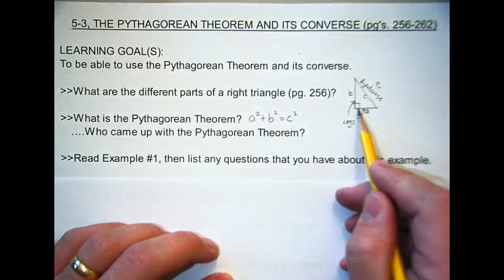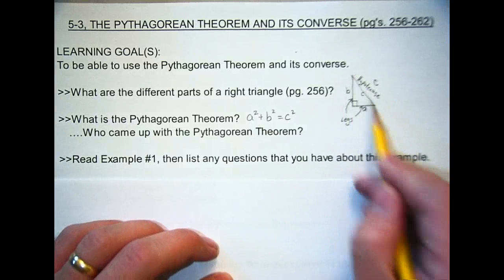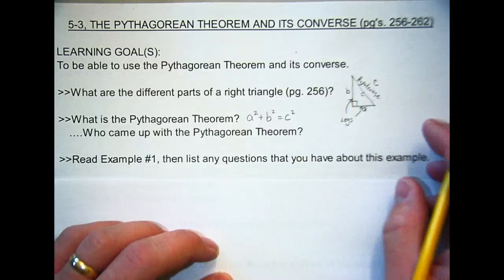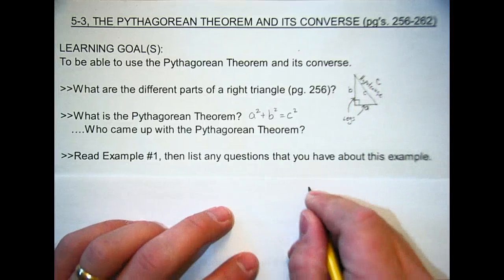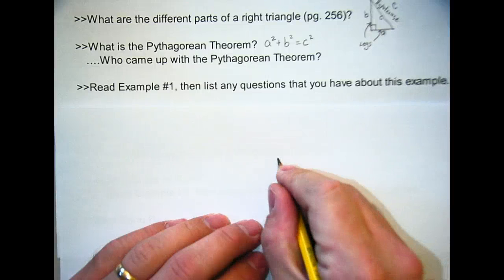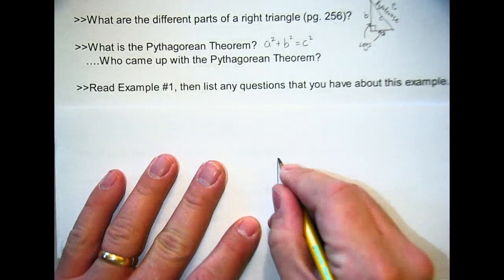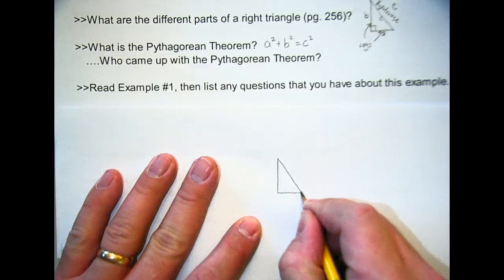That means if I square this side and I square this side, the sum of those two sides squared will equal that side squared. There are a lot of different ways you can show this.